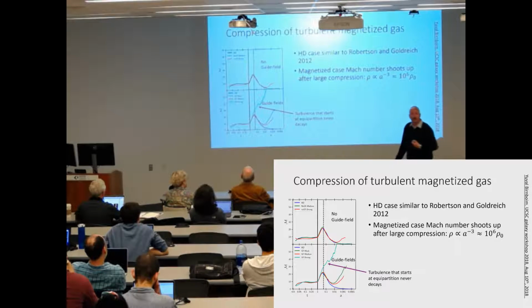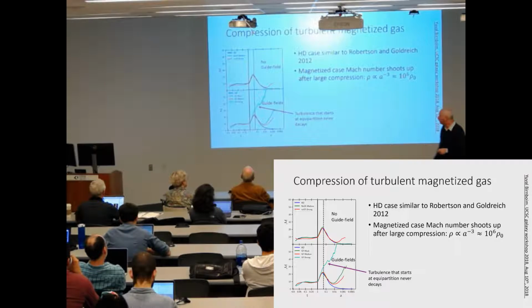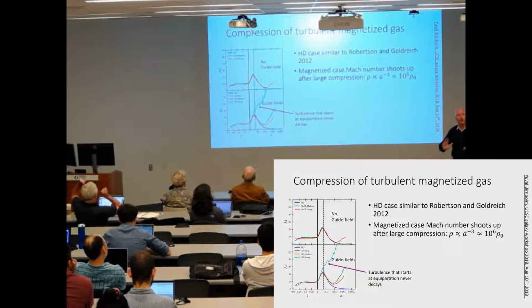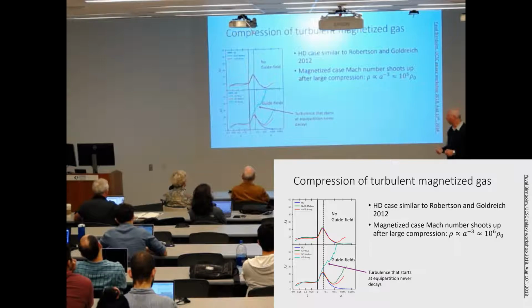When we add the magnetic fields, it starts behaving differently. And what we see is that after some time of dissipation, it actually starts shooting up again. So we compress the box. Initially, it winds up. It starts moving faster. Then it starts moving slower because of dissipation. And at some point, for some reason that I'm going to explain to you, it actually starts moving much, much faster.